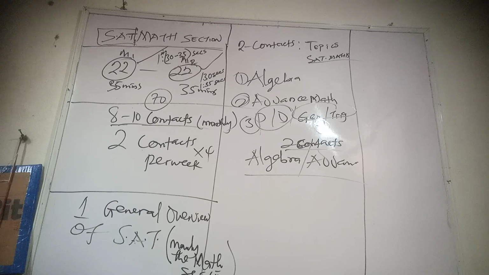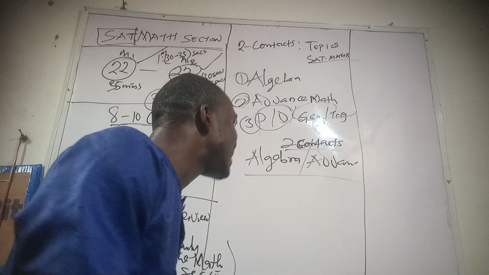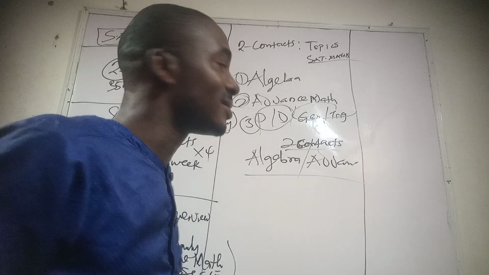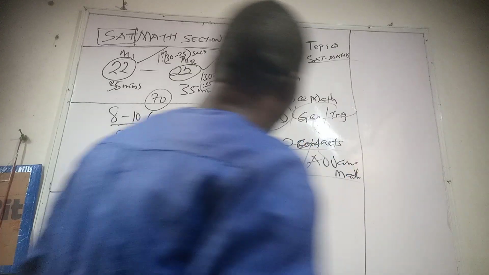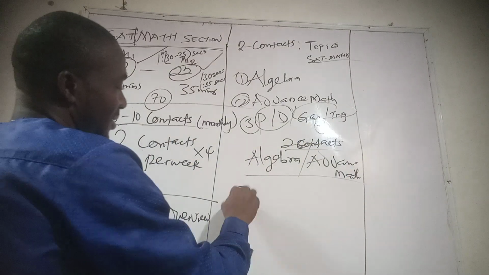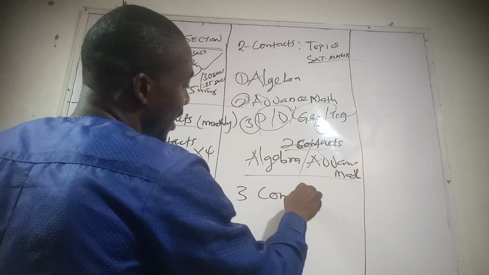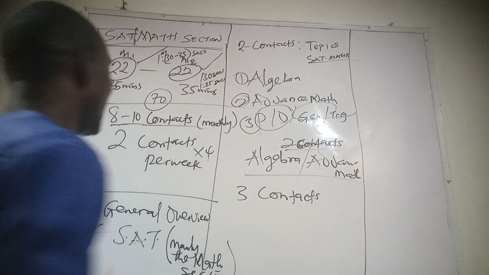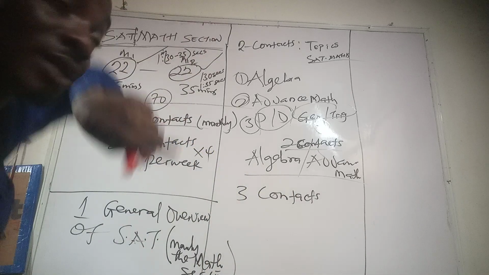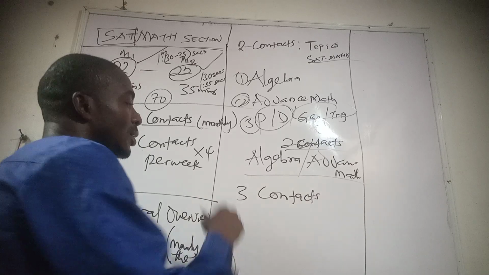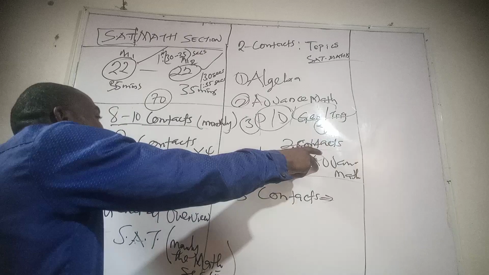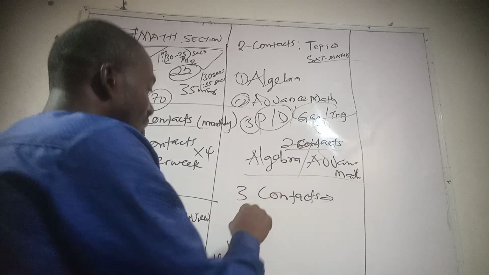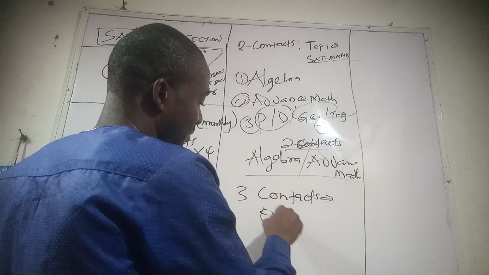The third contact for our students. I told you we have 8 contacts, and I want to analyze the 8 for you. In the third contact, one-on-one or online, we run exercises on algebra and advanced maths.